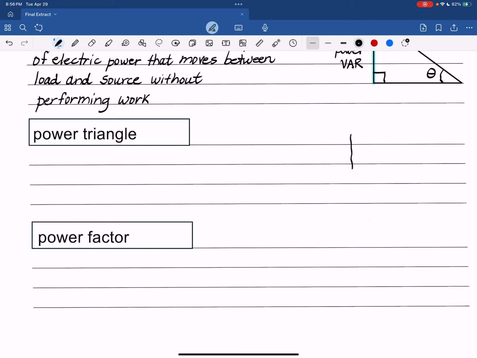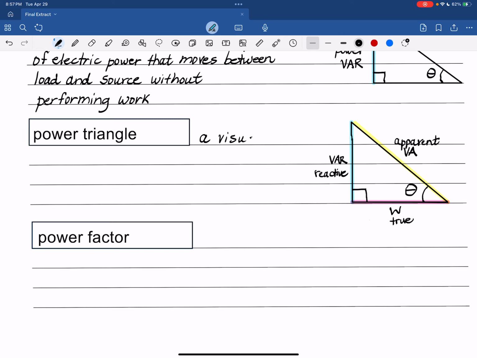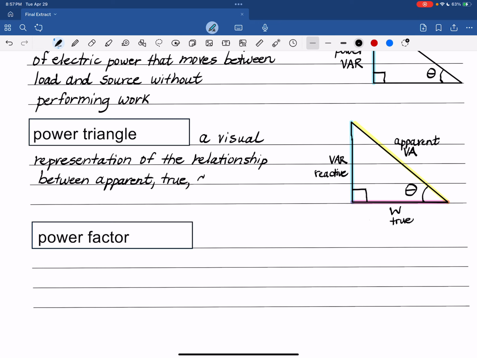So here's the definition. The power triangle is a visual representation of the relationship between apparent, true and reactive power.